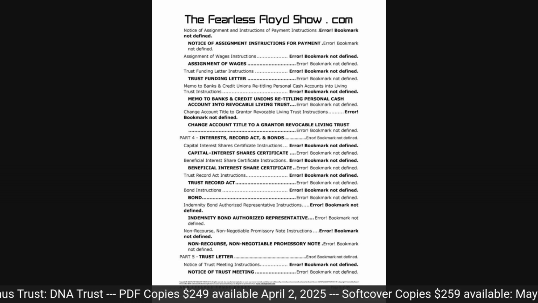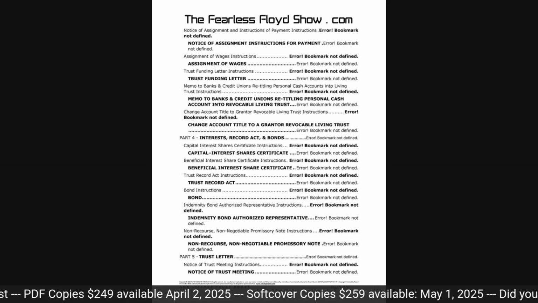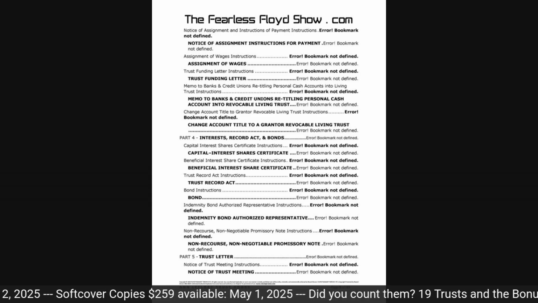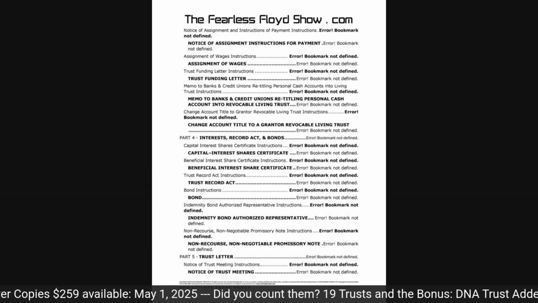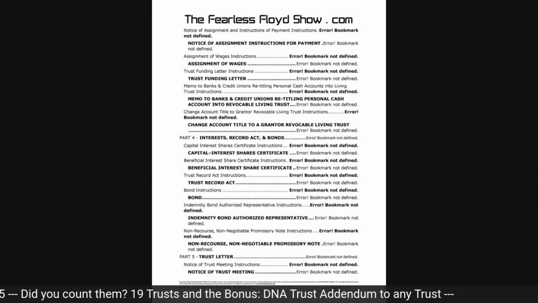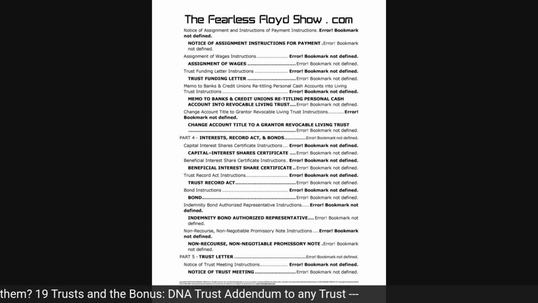Notice of assignment, instructions for payment, assignment of wages, trust funding letter, memo to banks and credit unions retitling personal cash account into revocable living trust, change account title to grantor revocable living trust.